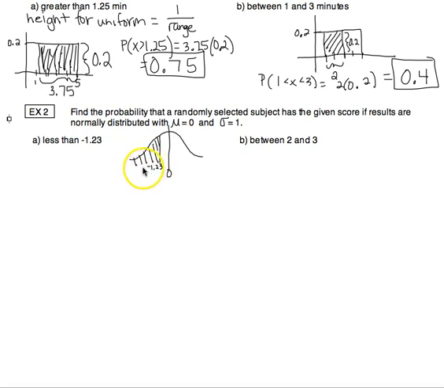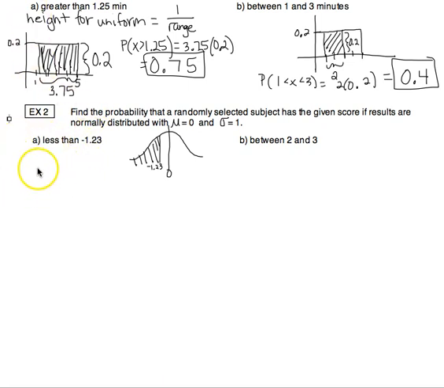So we actually do these in our calculator, and anytime, because really in many sections for the rest of this semester, we are going to be finding areas like this under some sort of normal distribution.